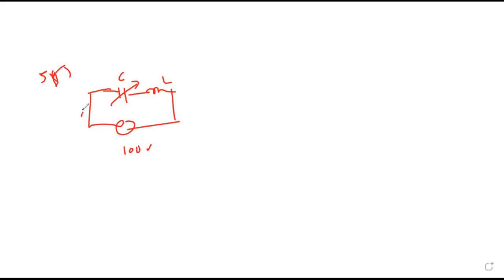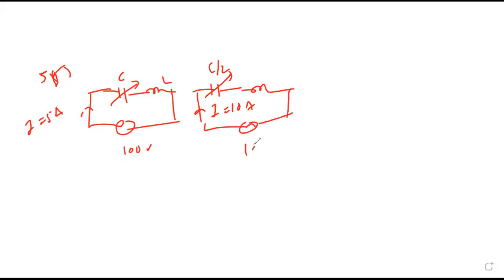The current in the circuit is 5 ampere. When the capacitor is decreased to half, means C by 2, then current becomes 10 ampere. Voltage is same, 100 volt. The current becomes 10. And then what is the voltage across the capacitor in the first case?